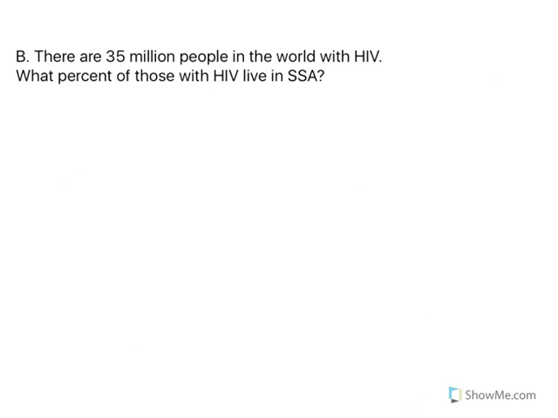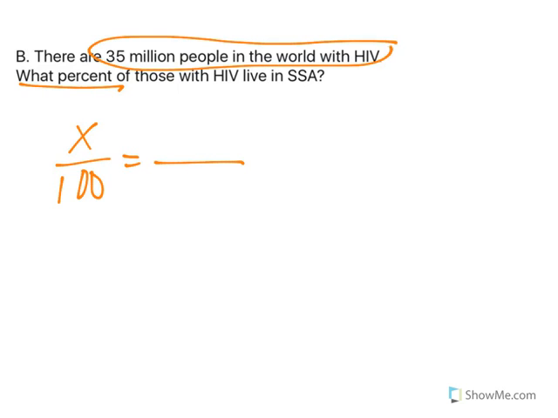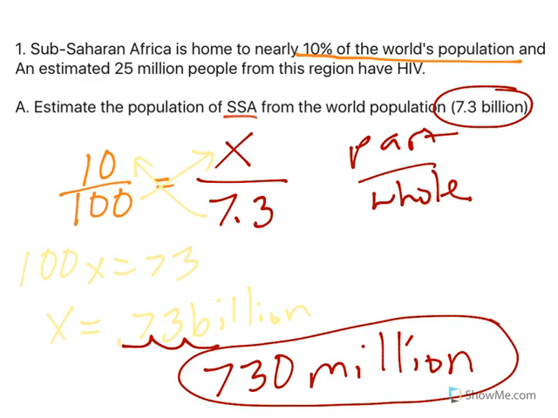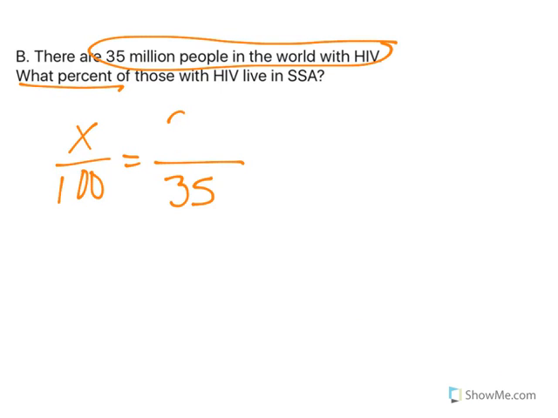All right, letter B. There are 35 million people in the world with HIV. What percent of those live in sub-Saharan Africa? Okay, what percent? So I'm going to have x over 100. Now on this side we have part to whole. Total in the world is 35 million. If you recall from the previous, 25 million people in sub-Saharan Africa have it. So 25 is sub-Saharan Africa.